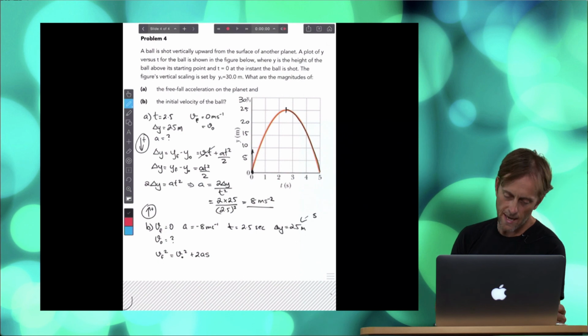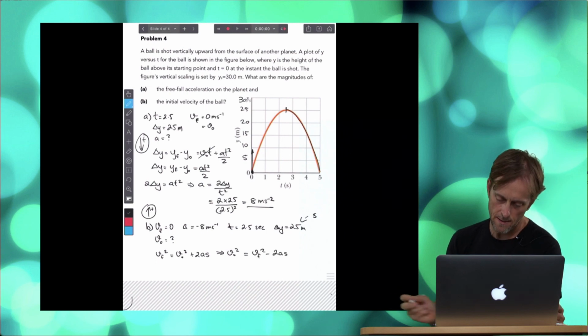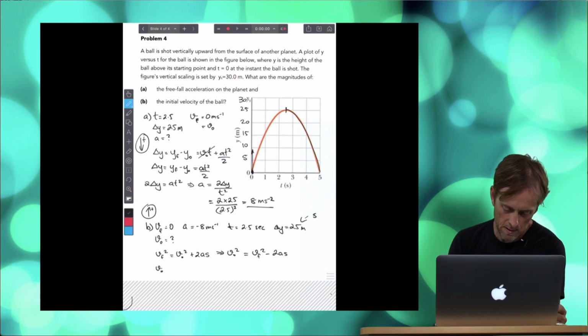We want to get the V0 by itself, so we rearrange this. We can subtract 2as from both sides. So we get V0 squared equals Vf squared minus 2as, and then we square root both sides.